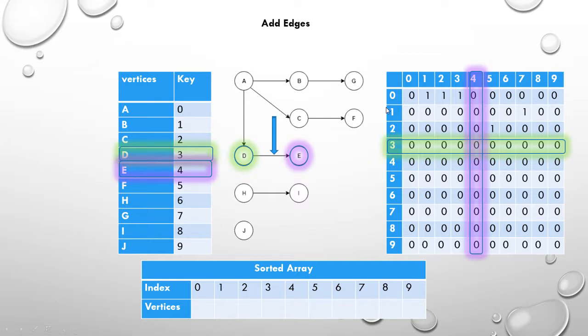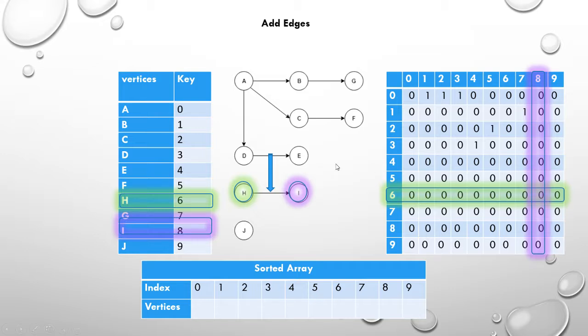Then continue with the D and E. So this D has key 3, so that is row 3. Then we have E, which is key 4, that is column 4, so change that into 1.